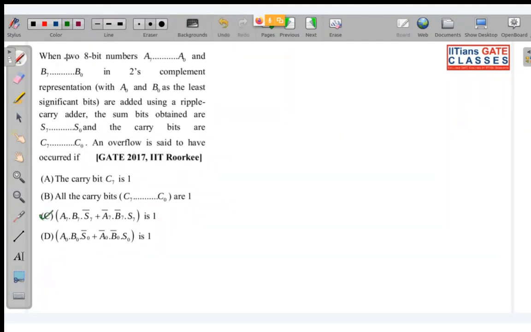So what is said: when 8-bit numbers from A7 to A0 and B7 to B0 in 2's complement representation, with A0 and B0 least significant, are added using a ripple carry adder, the sum bits obtained are S7 to S0 and the carry bits are C7 to C0, and overflow is said to have occurred if.